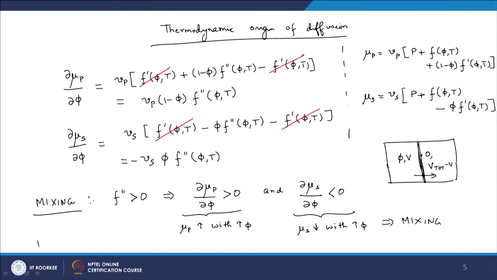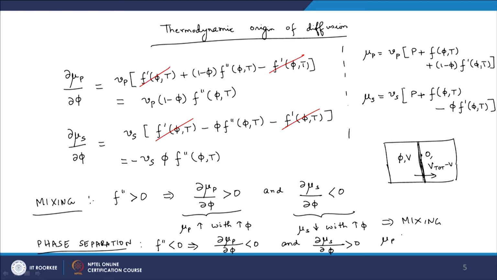Okay. If on the other hand, we have a phase separation, then F double prime is less than 0, that is when dou mu p by dou phi is less than 0 and dou mu s by dou phi is higher than 0.